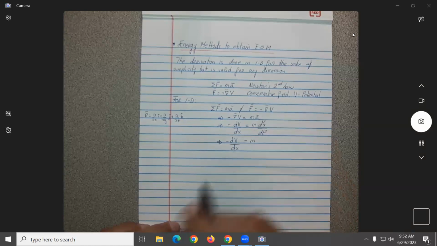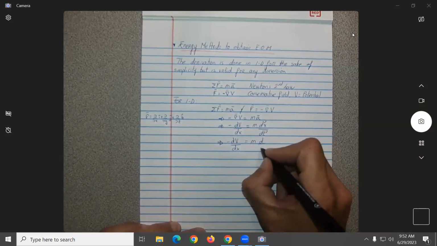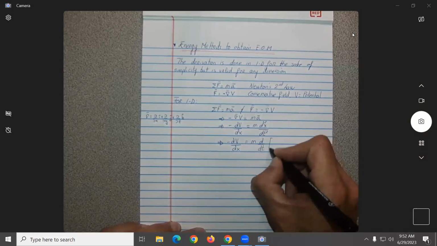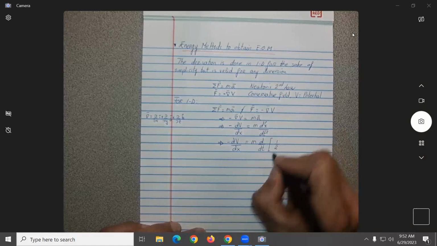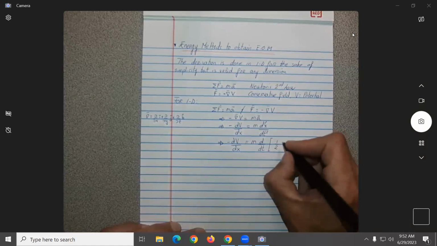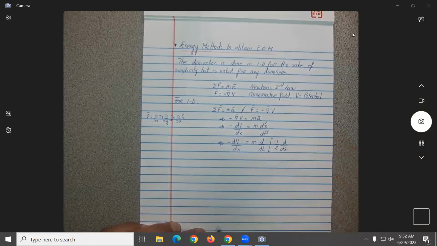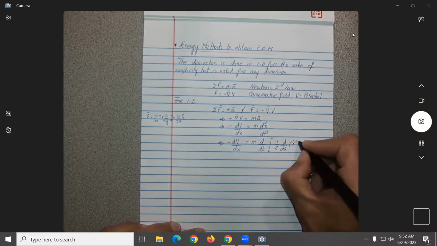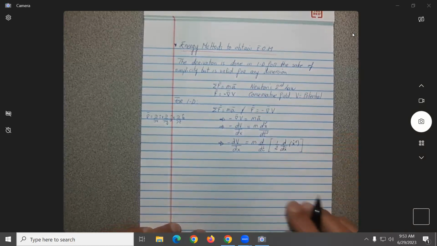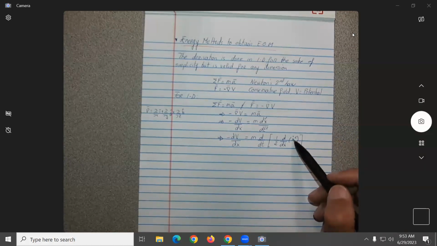I can rewrite this term as m d/dt of 1/2 times the derivative with respect to x dot of x dot squared. Before we move to the next step, x dot really means what?